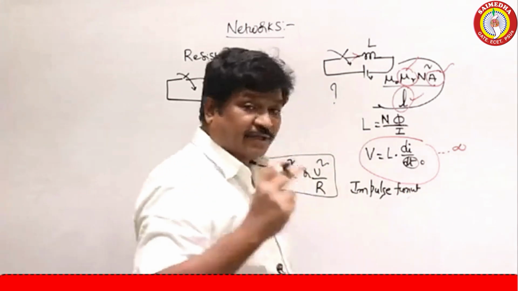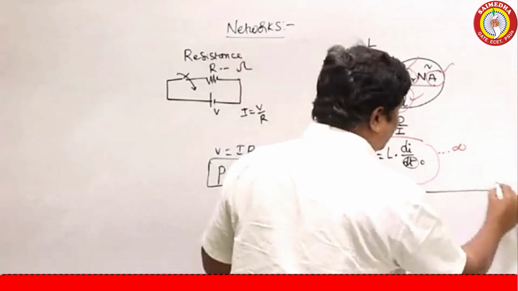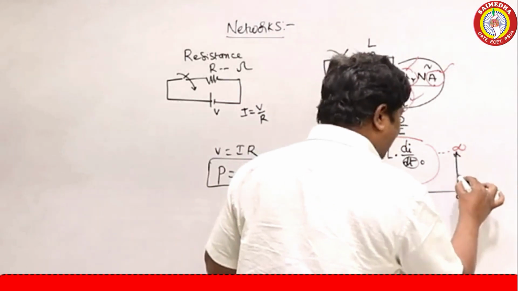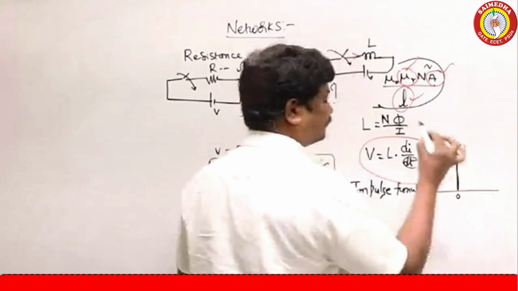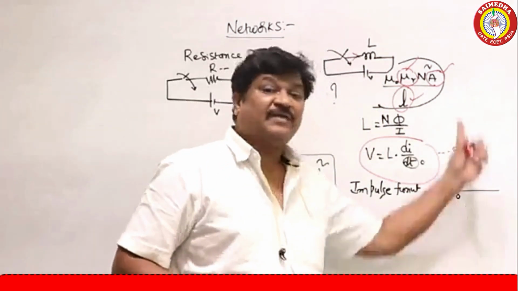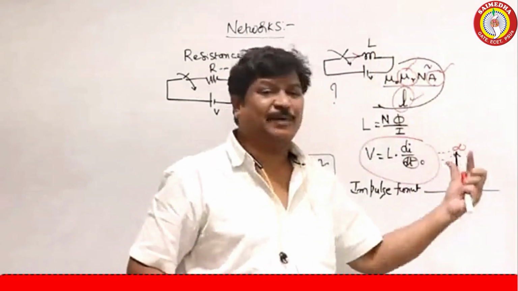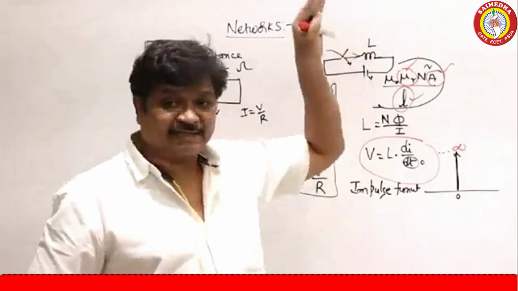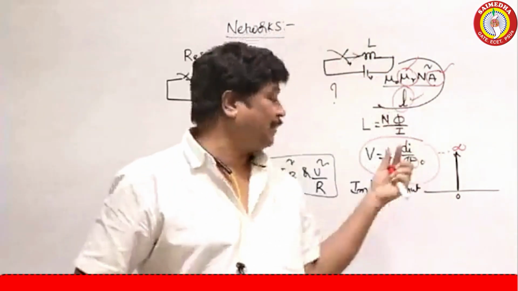At t equal to 0, you must have a signal like this. It is an impulse function. At t equal to 0, we have to provide infinite voltage. Practically it is not possible, but theoretically speaking, a sudden change in the current through the inductor is possible only when you apply an impulse function.